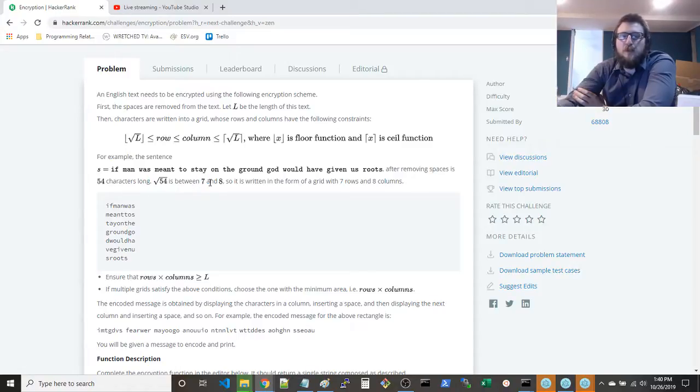You would have to truncate the characters. What they're suggesting is that this is a condition on row and column, but the next condition is that all of the characters are present in the grid and the leftover space is just left empty. And you're going to use as few extra rows and columns as possible. So more likely than not, you'll just use one extra column.